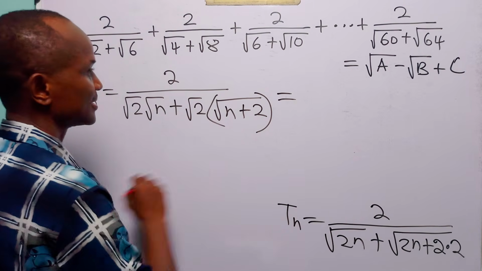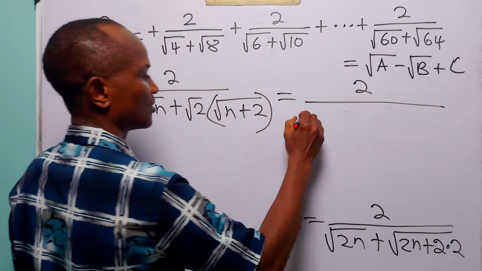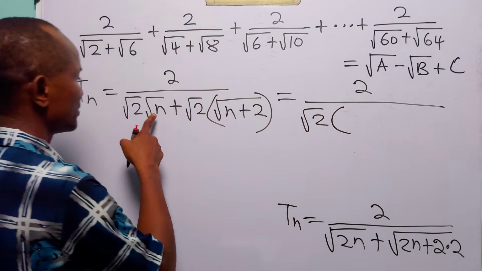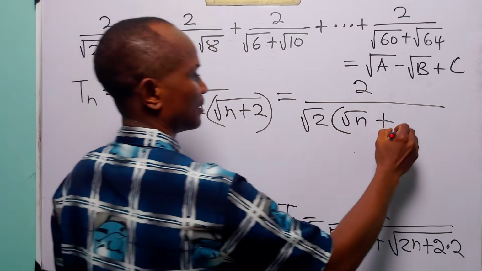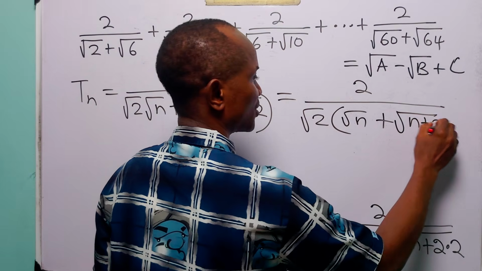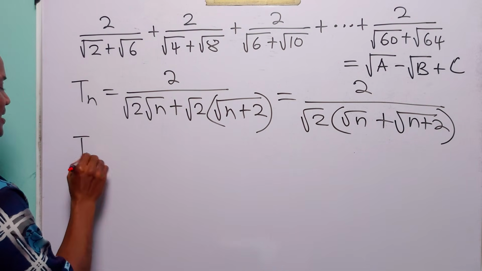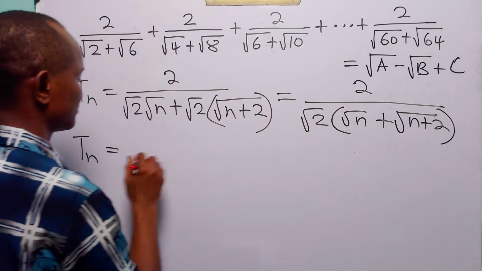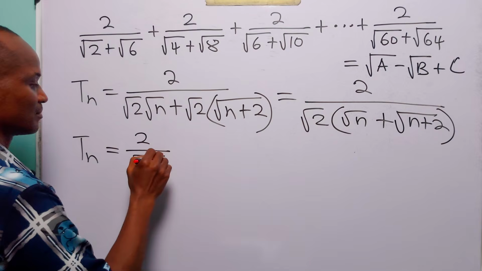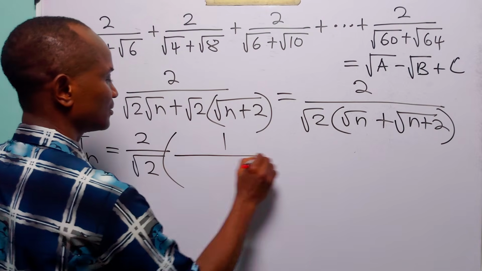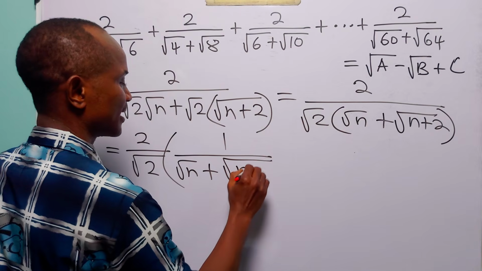So this is equal to 2 over, we bring out root 2. We multiply by root n plus root n plus 2. Now we have that Tn is equal to 2 over root 2 times 1 over root n plus root n plus 2.